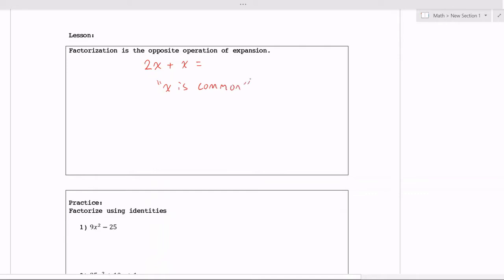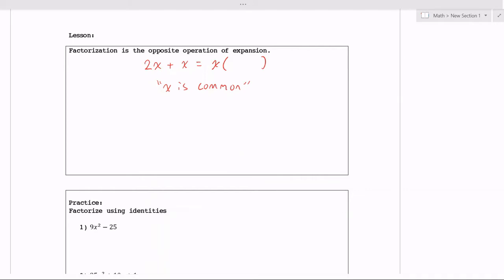We're able to find what's common, and we're able to factor it out. And when I say factor it out, it usually means we're going to draw some brackets and put the x on the outside of the brackets. We have factored it out.